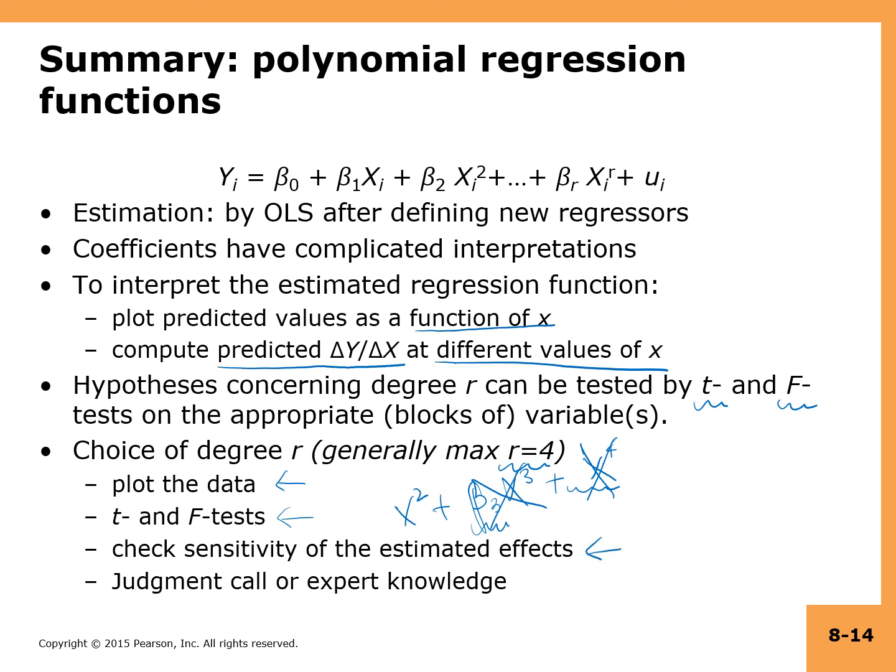Another way to test is, say you have a main coefficient that you're interested in. In our case, say you're interested in beta 2, and you want to include x1 to the 2nd.